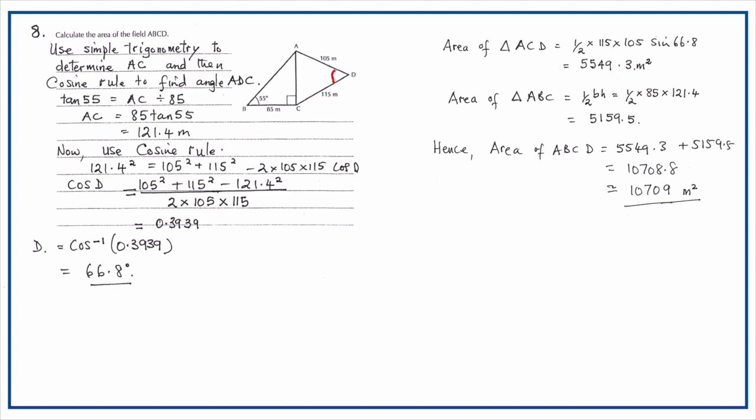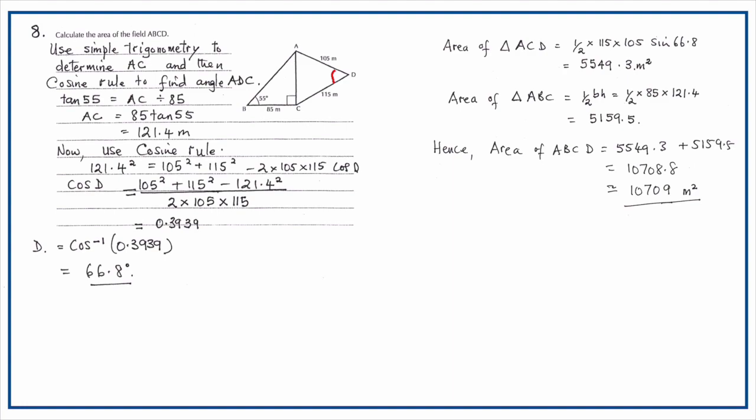Tan 55 equals the opposite side, AC, divided by the adjacent side, 85. So AC equals 85 times tan 55, which equals 121.4 meters. We now use the cosine rule.